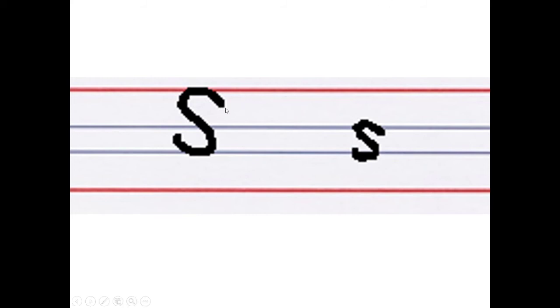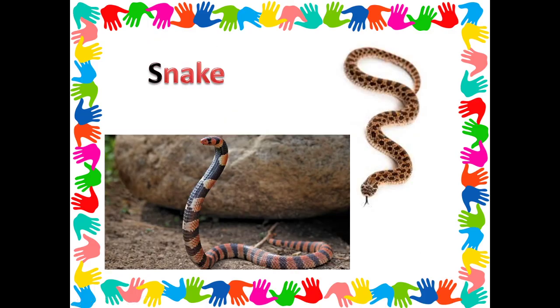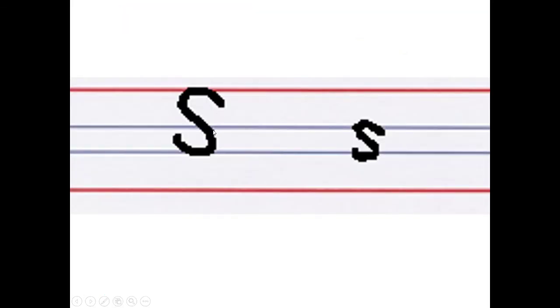Let's imagine a snake. Look at the snake. Look how it is. It looks like S, right? Look at this S, and look at this S. It looks like a snake.